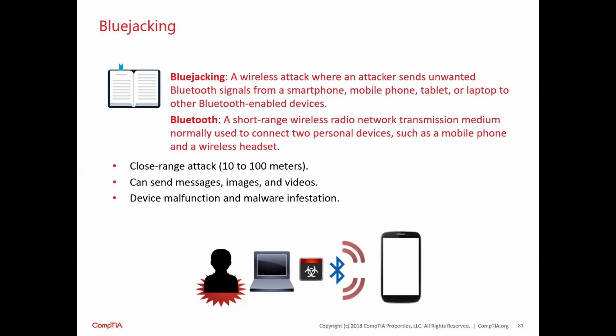Do some reading on bluejacking, a wireless attack where the attacker sends unwanted Bluetooth signals from a mobile phone, smartphone, or tablet. Bluetooth itself is a kind of short-range wireless radio. You should understand Bluetooth very well.